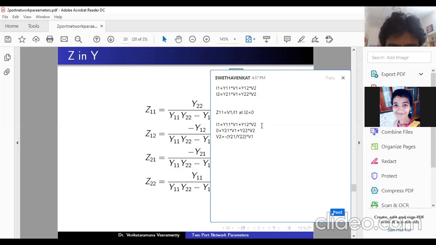Now replace this V2 value in the first equation. What happened?